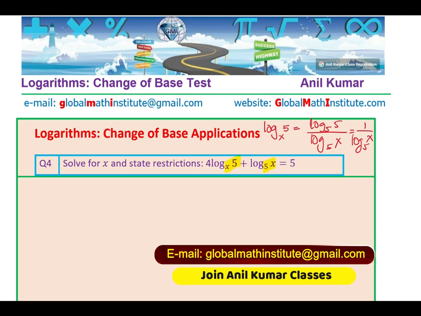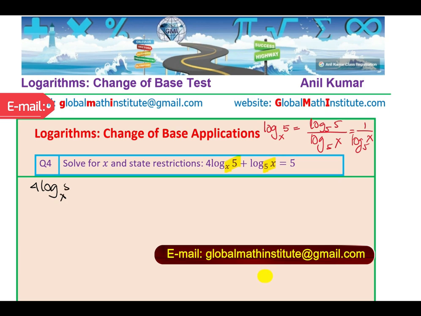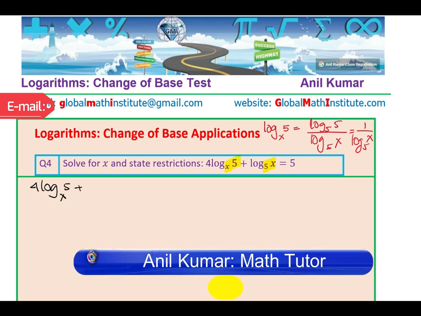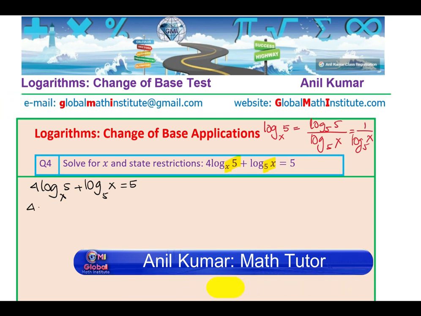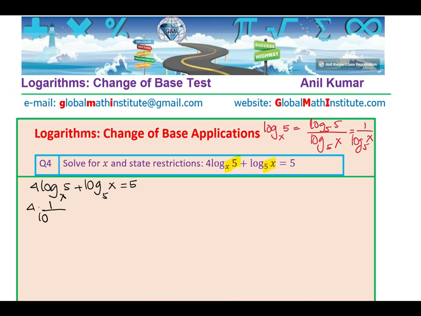So I'm going to use this property of change of base in solving the question. So let me rewrite. So we have 4 log to the base x of 5 plus log to the base 5 of x equals 5. So when the base was x of 5, I'm writing it as 4 times 1 over log to the base 5 of x, right?